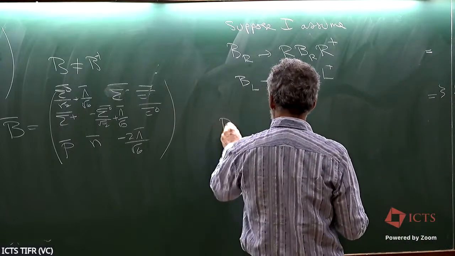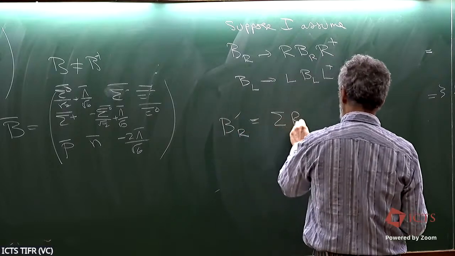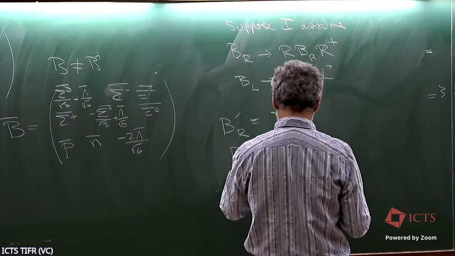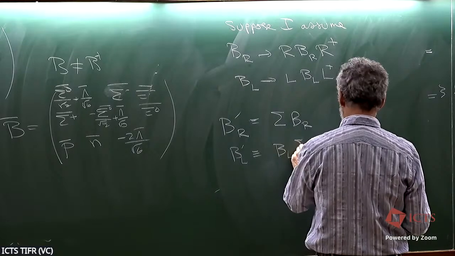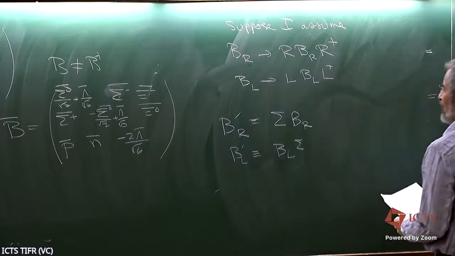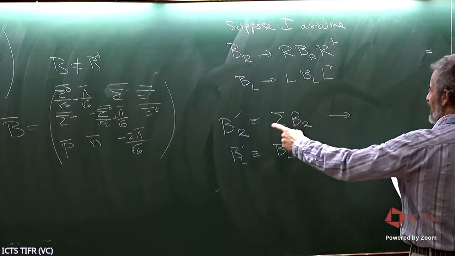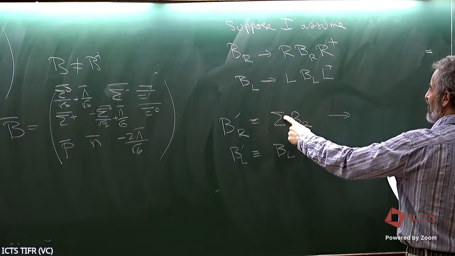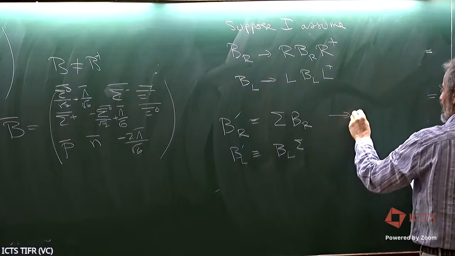B R prime is defined to be sigma B R, and B left prime is defined to be B left times sigma. Well, now B R prime transforms like, well, this had an R dagger on this side, which cancels that R, but it picks up an L on this side.